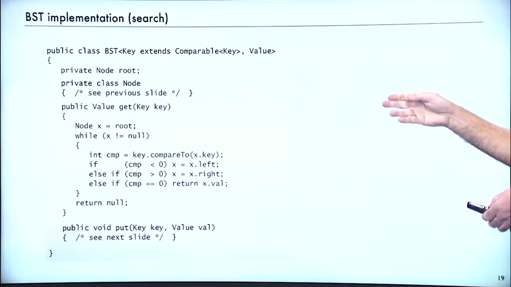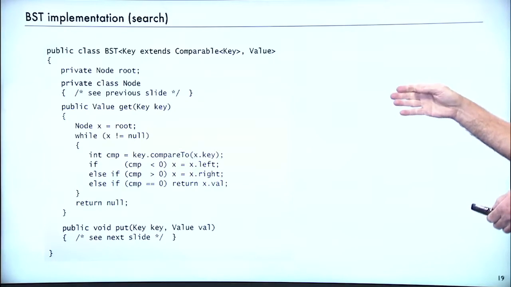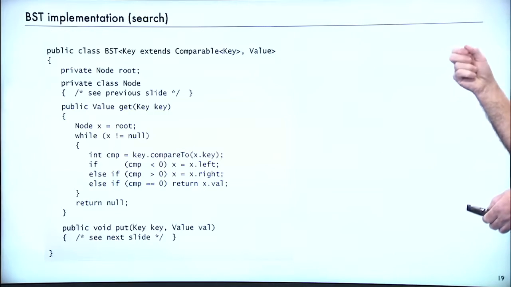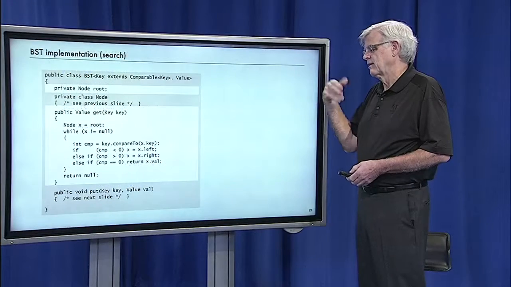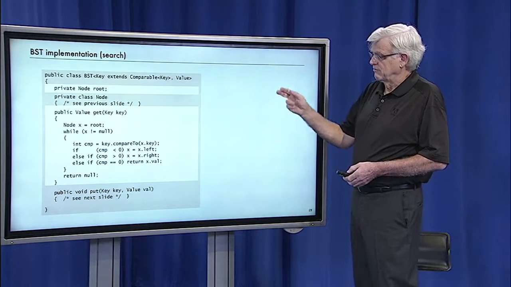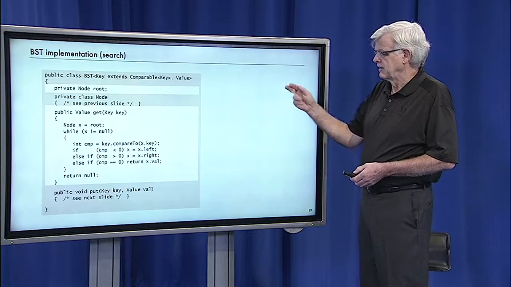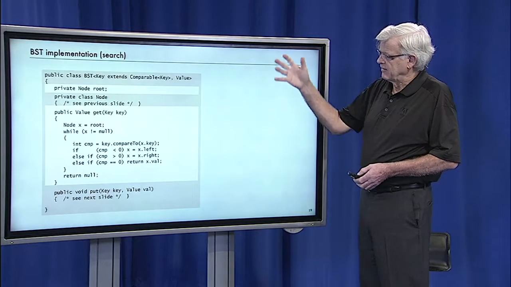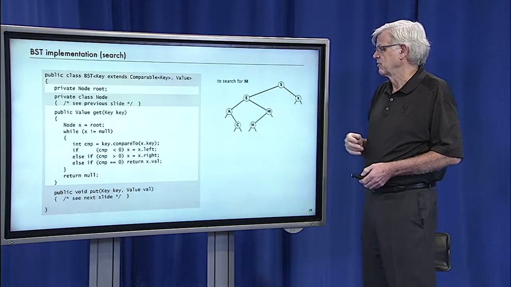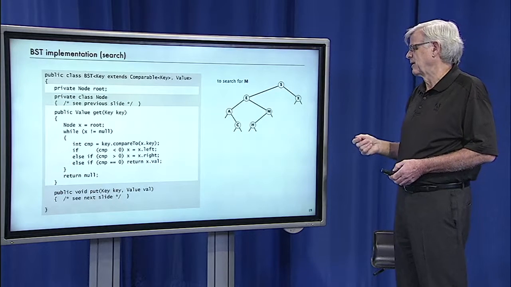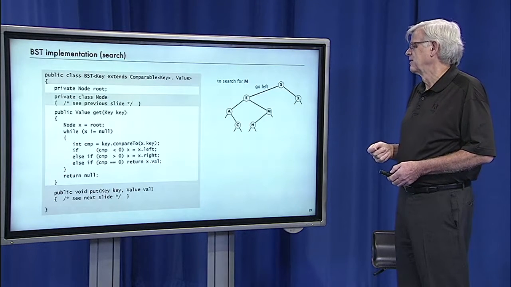Go to the left is x equals x.left. That's recursively move down the tree to the left subtree that contains smaller nodes than x's, and we have a smaller key, so that's where we want to go. If it's greater, we go to the right, and if it's equal, we're done. We return x's value. That's an implementation of search for binary search trees. So in this example, you can see to search, say, for m, we start at s.